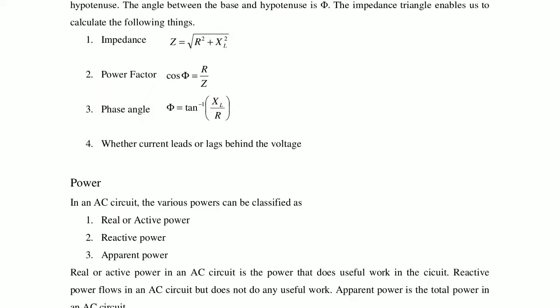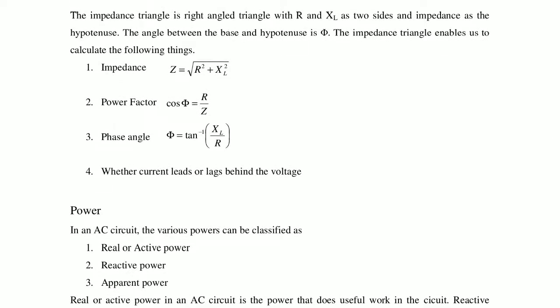So next one is reactive power. Reactive power means where inductance or capacitance is present. So the inductor having power, that power is called reactive power. Capacitance having power, that power is also called reactive power.